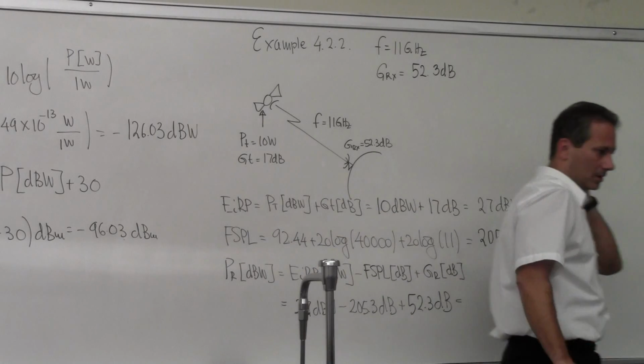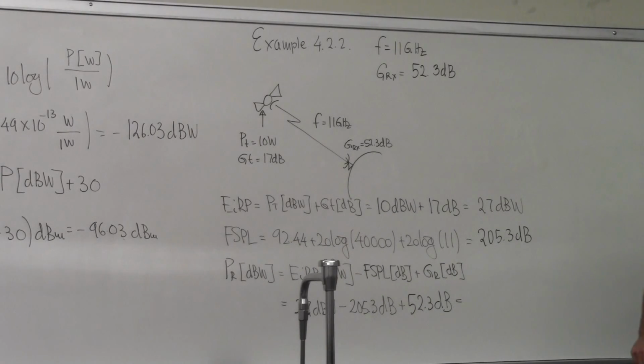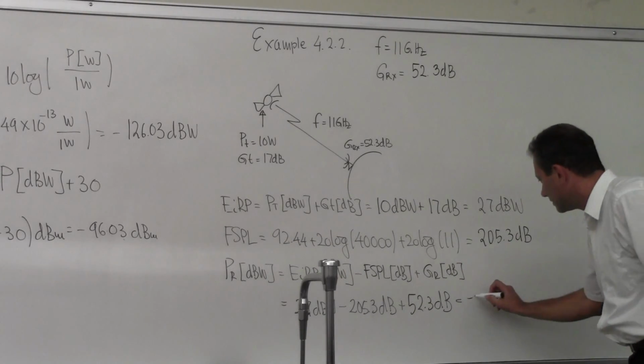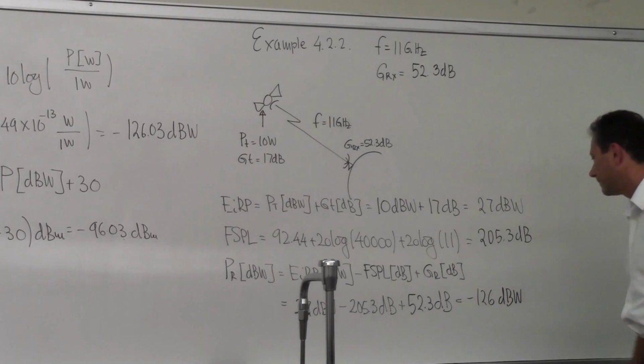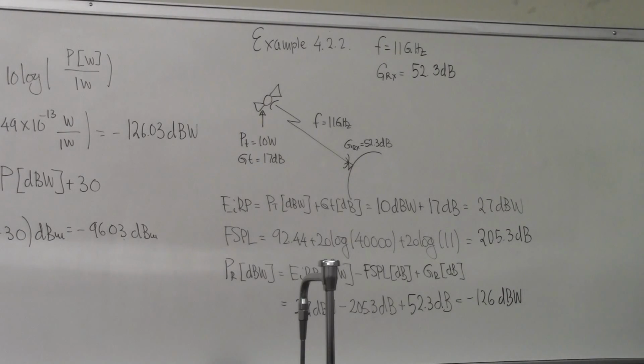And when you do all the calculations, this is minus 126. So this kind of helps you calibrate your feeling about what values you should expect, right? Around minus 120 dBW, minus 100 dBm, those are the received powers.